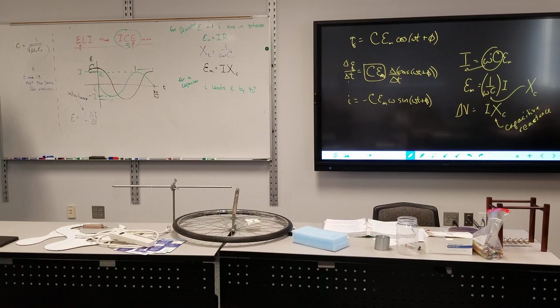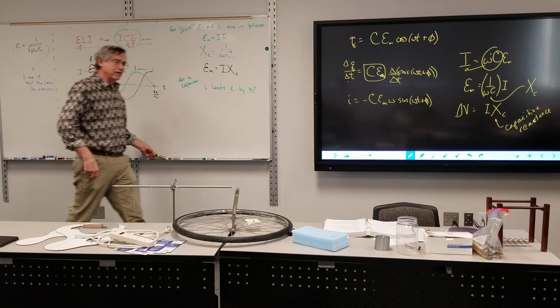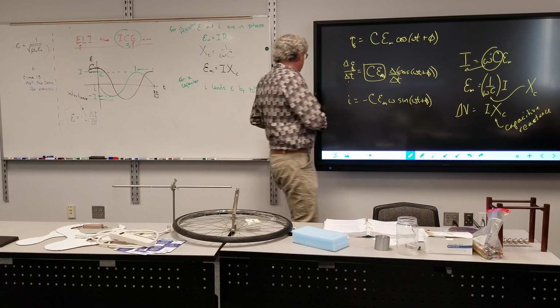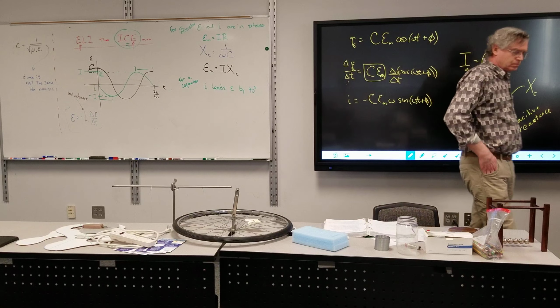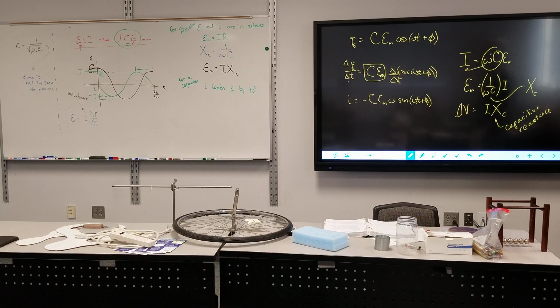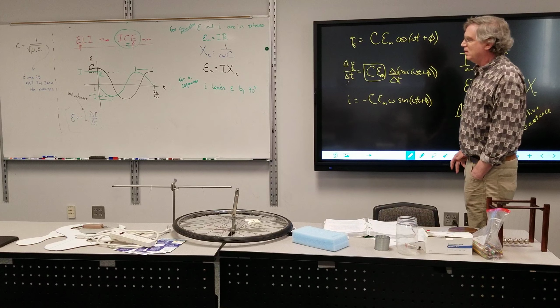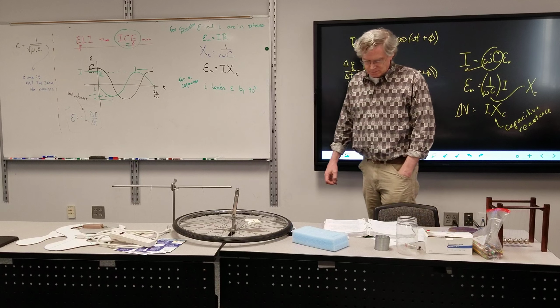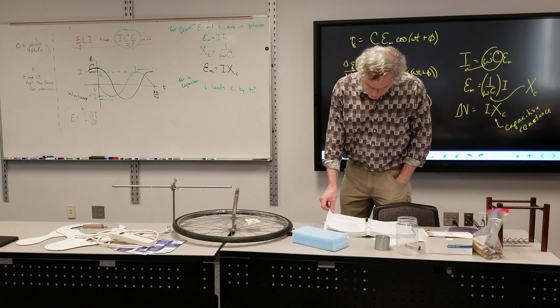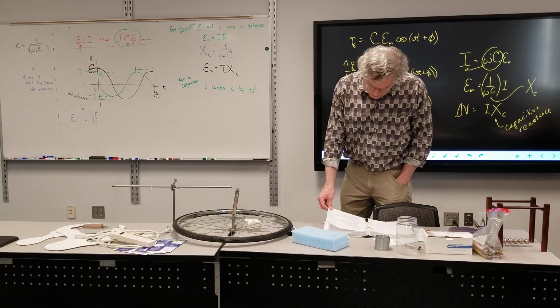Which inductors have. Just like a capacitor has capacitance, inductors have inductance. I want to make sure I get my minus sign in the right spot, because if I don't, that'll mess things up badly.